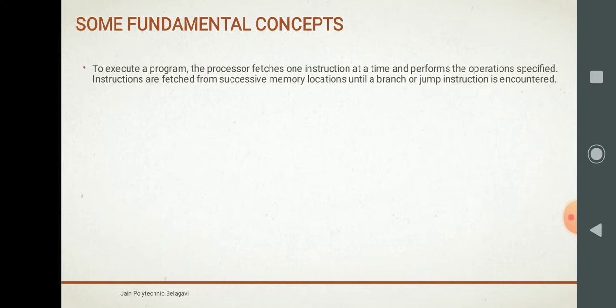The instructions are fetched from successive memory locations until a branch or jump is encountered. So whenever the program is executed, the processor will fetch the instructions one by one and then execute them.